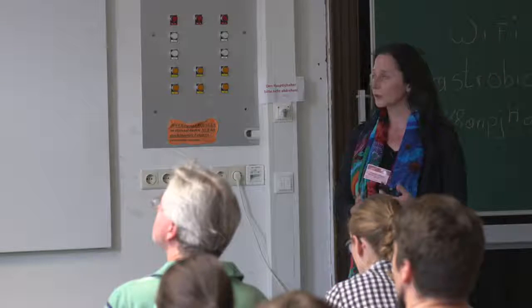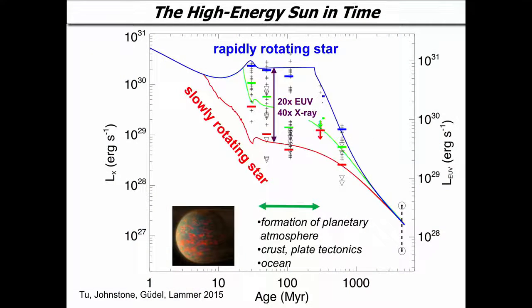Crust, plate tectonics are coming in, oceans are evolving. So it's really crucial for a planet around a star what happens during this time period. So we really want to find out more about how these different factors are influencing planetary atmosphere, evolution, and erosion in different ways.